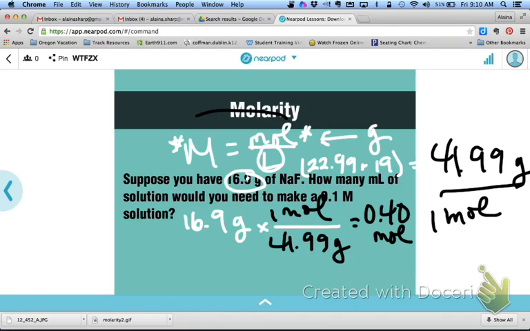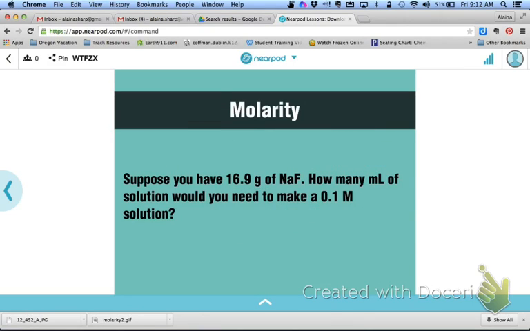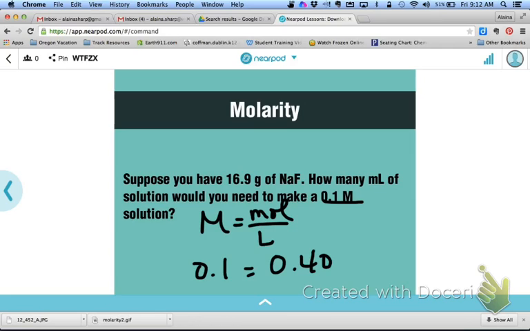So now I'm going to take my formula and plug in what I know. So I'm going to clean this up a little bit, but you can still see it in your notes. So I've got M equals moles per liter. My big M, it says, is 0.1, so I'm just going to put 0.1 in there. My moles, we just said, is 0.40, and I need to solve for x liters.